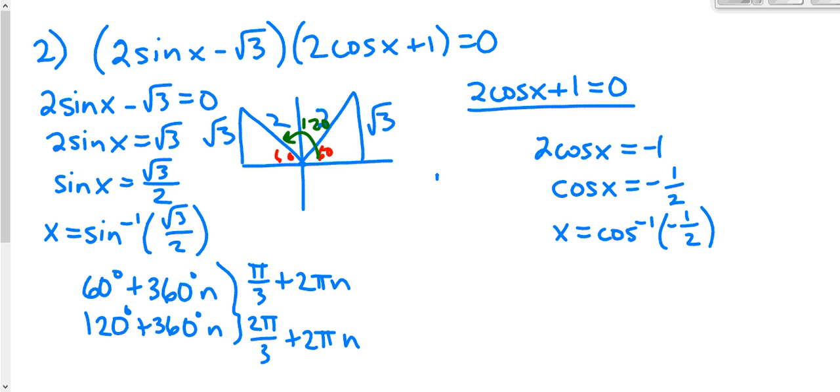And cosine is negative in quadrants 2 and 3. So in quadrant 2, we'd have the negative 1 on the adjacent, the 2 on the hypotenuse. So that again is a 60-degree reference angle. So we have 120, and we have 240.